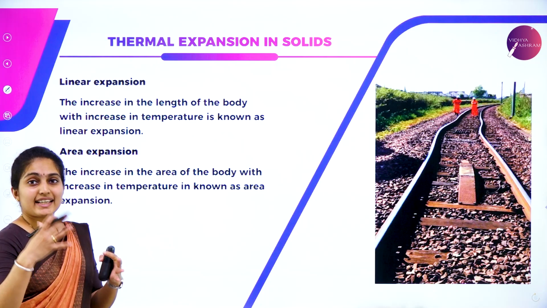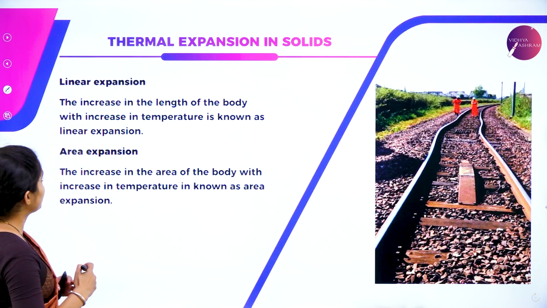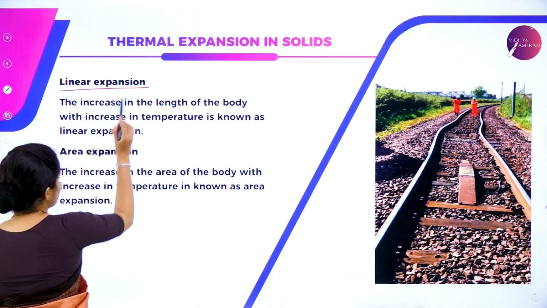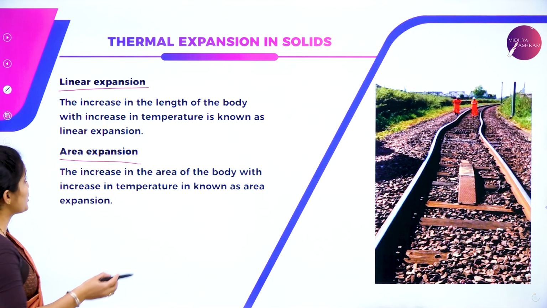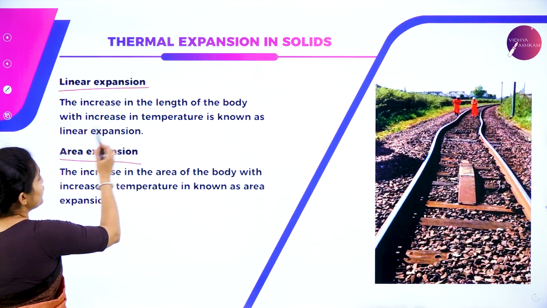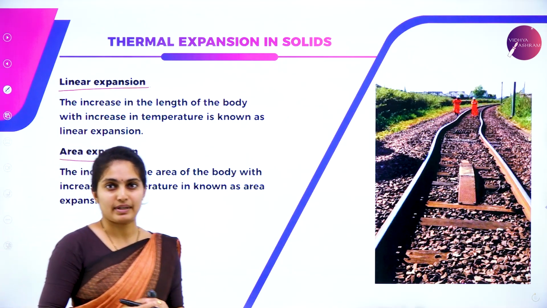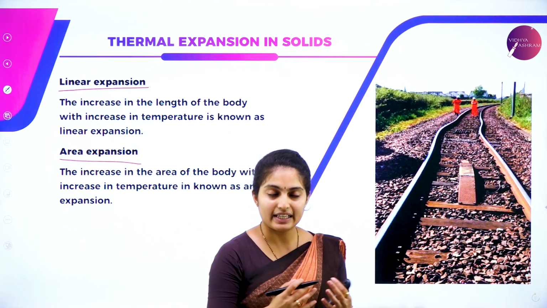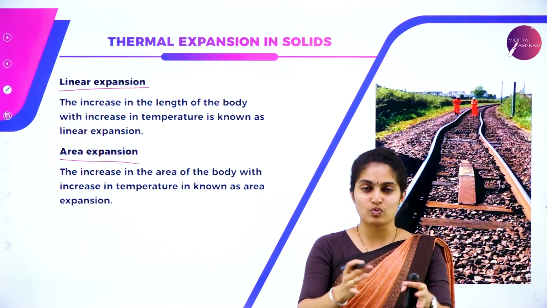Next, we have types of thermal expansion in solids, that is, one is linear expansion, one is area expansion. Linear expansion means the increase in the length of the body as you increase the temperature. Very easy, the heading itself gives you linear expansion. What is the expansion?